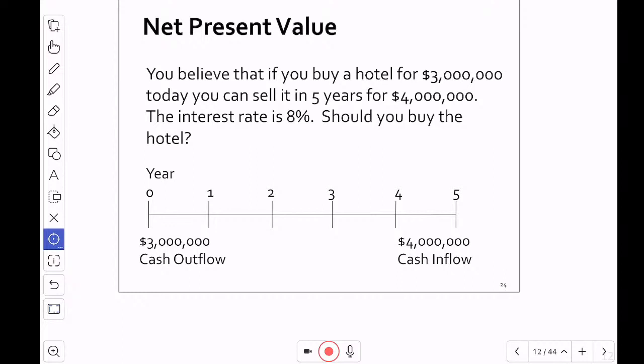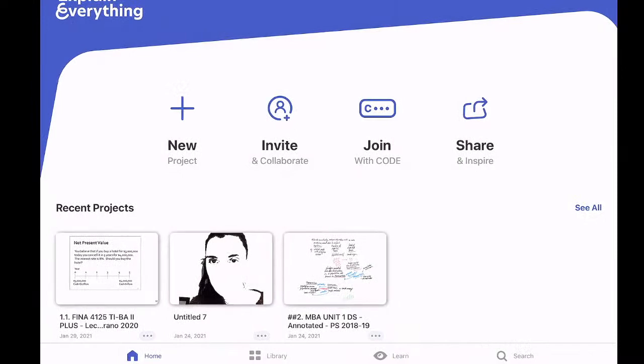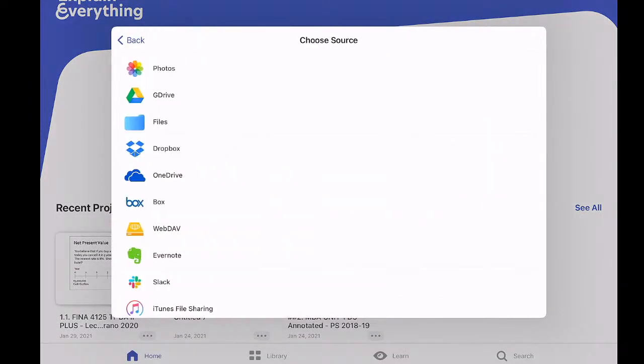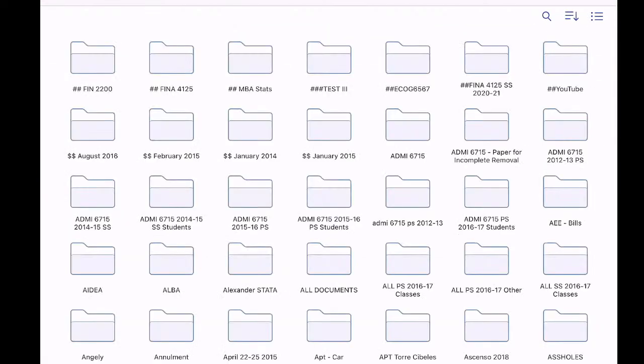I want to look at that formula sheet first. Let's open the formula sheet up. I want to show you the formula sheet and prove to you that everything is summarized there.